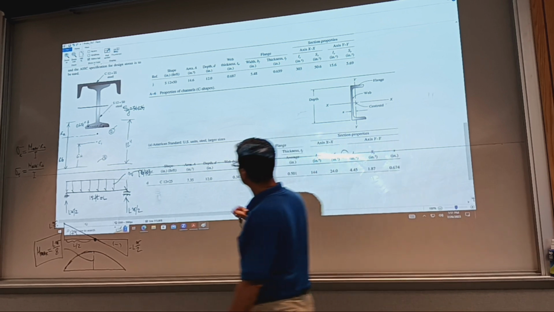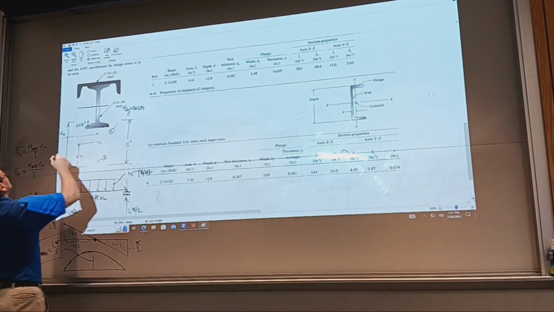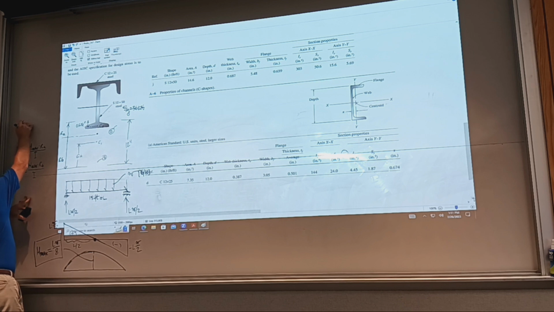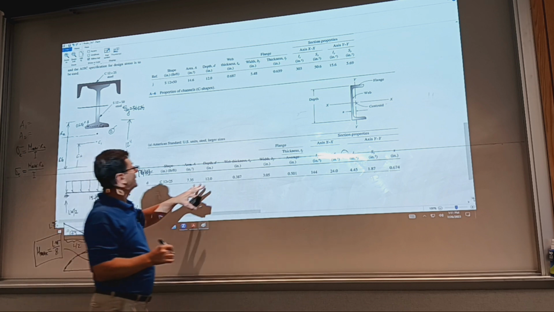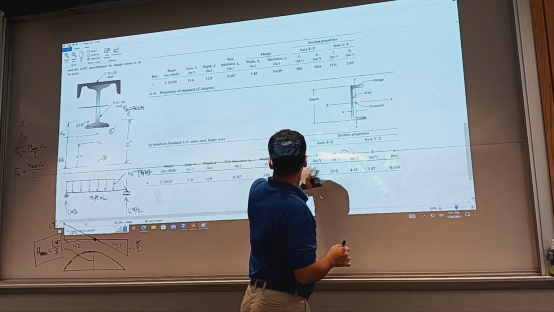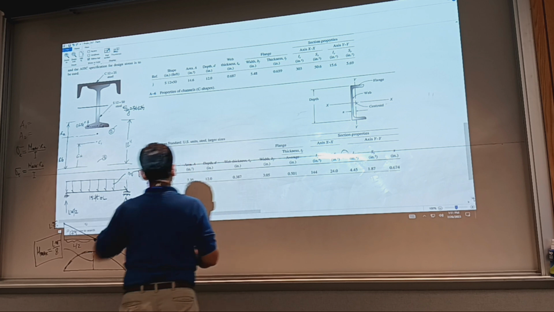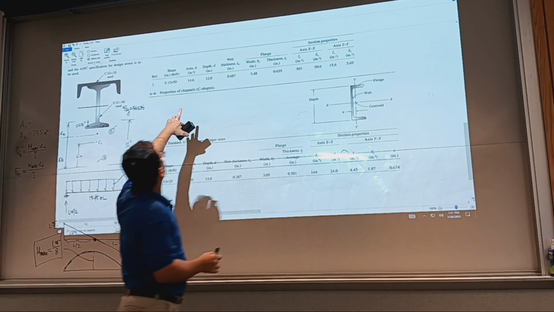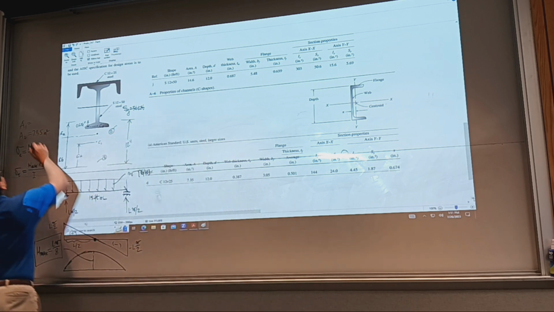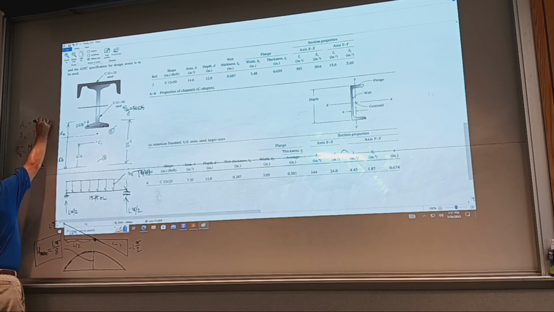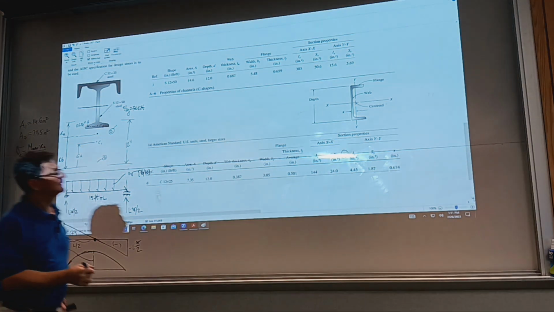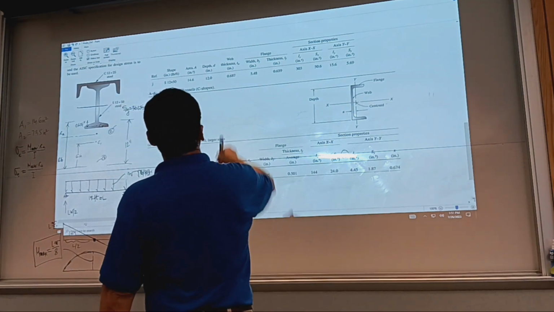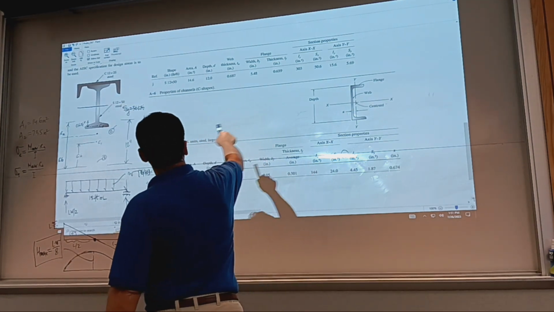What else we're going to use: we need A1 and A2, the areas, and then I1 and I2. I'm looking at A2, 7.35 inches squared. For the channel area, it's 14.6 inches squared. What else do we need?